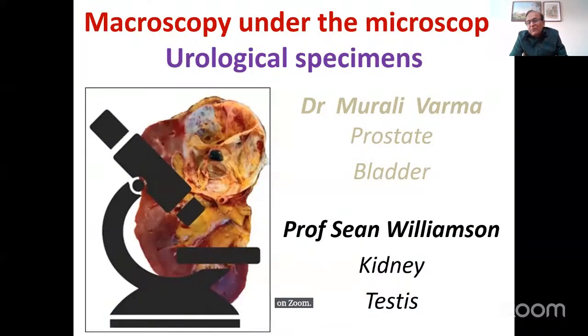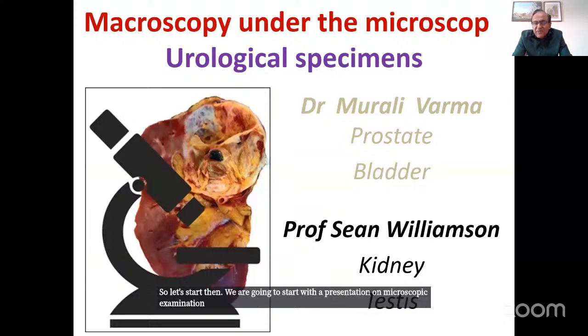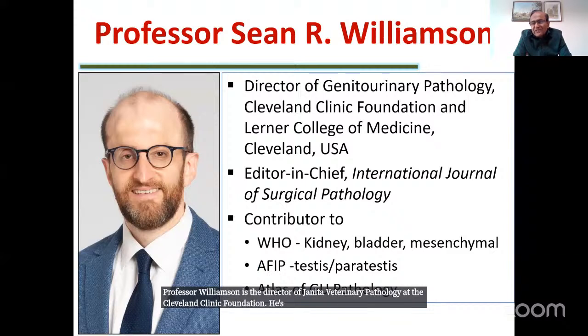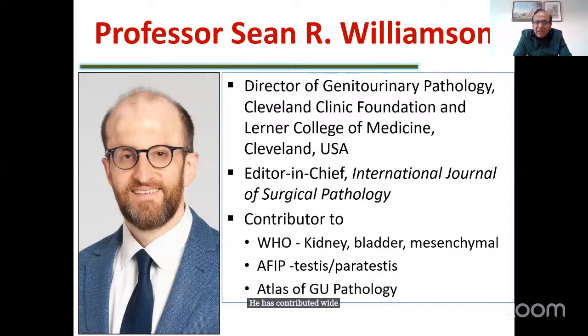So let's start then. We are going to start with a presentation on macroscopic examination of kidney and testis specimens by Professor Sean Williamson. Professor Williamson is the Director of Genitourinary Pathology at the Cleveland Clinic Foundation. He's Editor-in-Chief of the International Journal of Surgical Pathology. He has contributed widely with numerous publications.